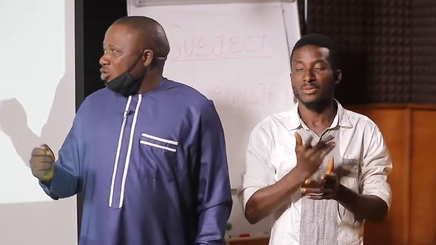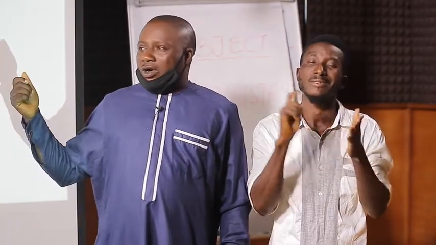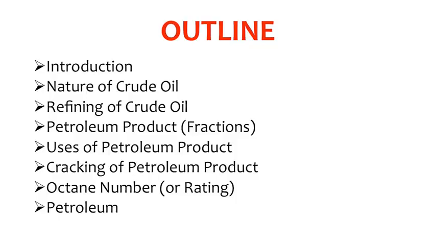We will be looking at this topic under the following outline: nature of crude oil, refining of crude oil, petroleum product, that is, in other words, fractions, uses of petroleum product, cracking of petroleum product, and we have what we call octane number of rating, and lastly, petrochemical.